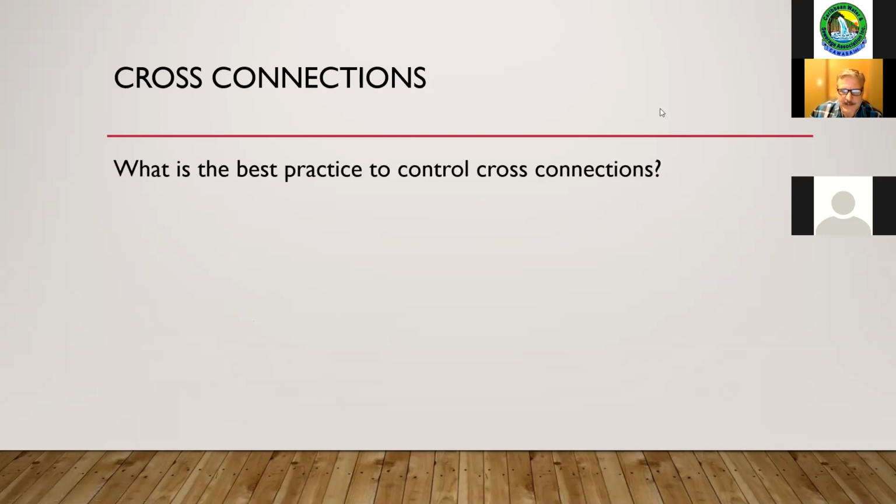What's the best practice to control cross connections? So if you wanted to do your best to control cross connections, what do you think one of the first things that you would do would be?